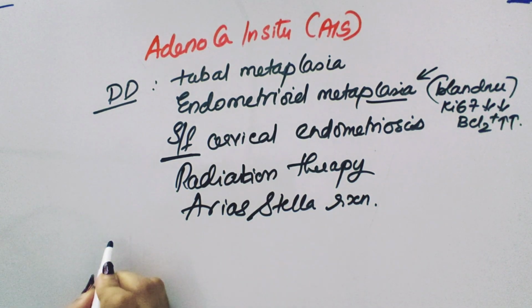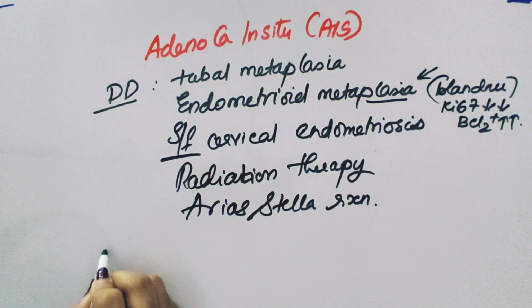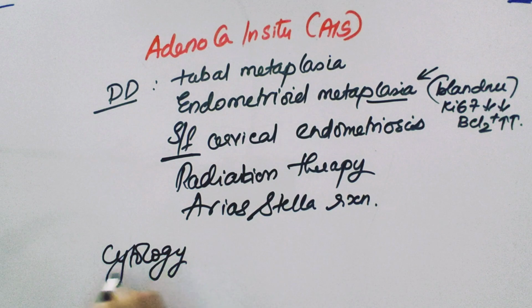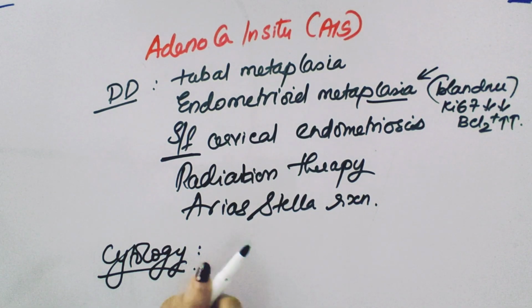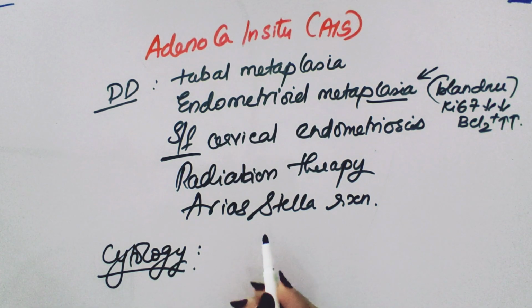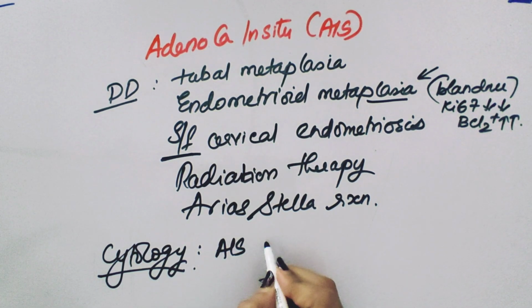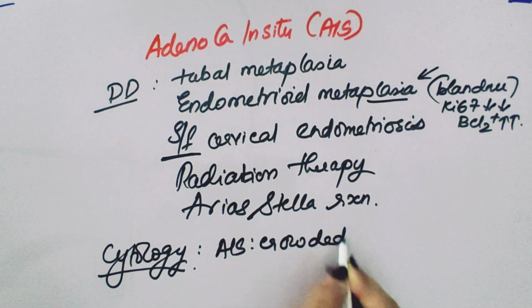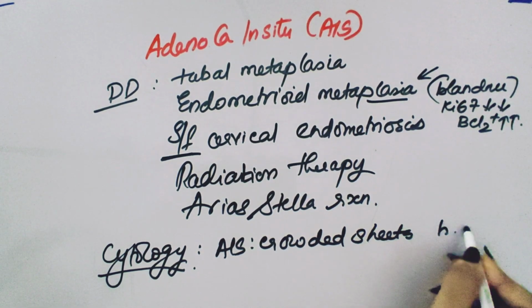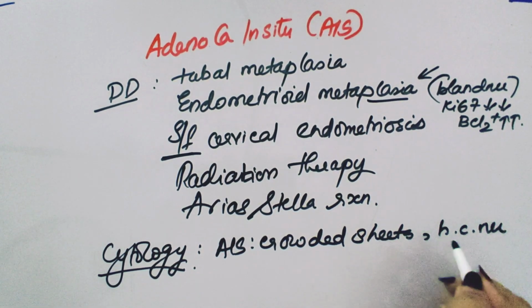And then I will tell what the cytology picture of it is, briefly. If you get short notes like glandular lesions in pap smear, then you can write about these precancerous lesions. So in adenocarcinoma in situ, in liquid based cytology on pap smear, you will get crowded sheets of hyperchromatic nuclei that I always said.